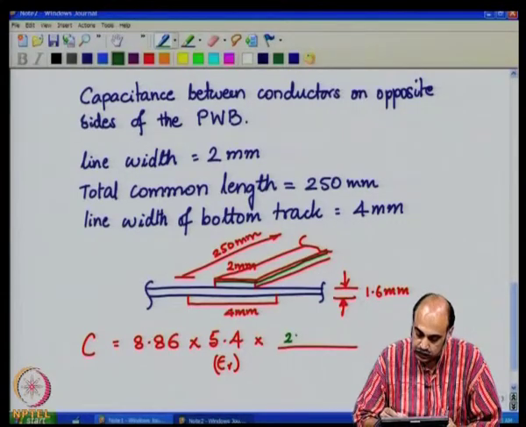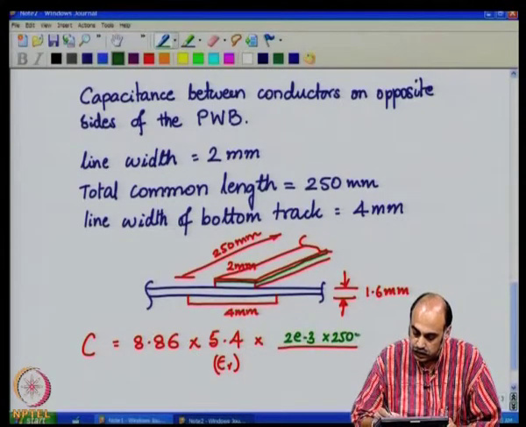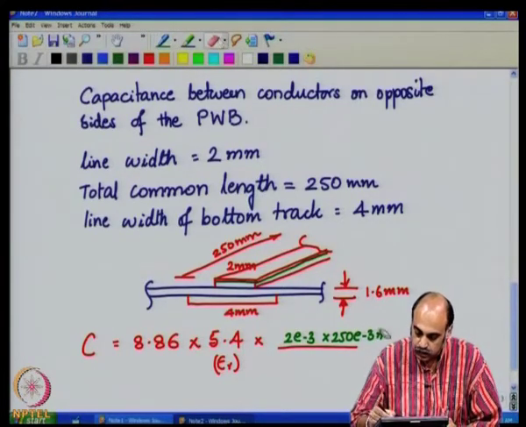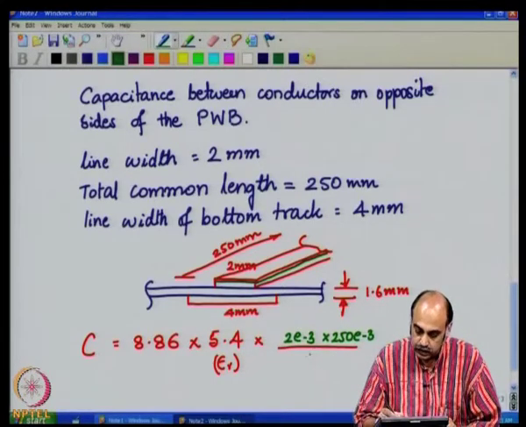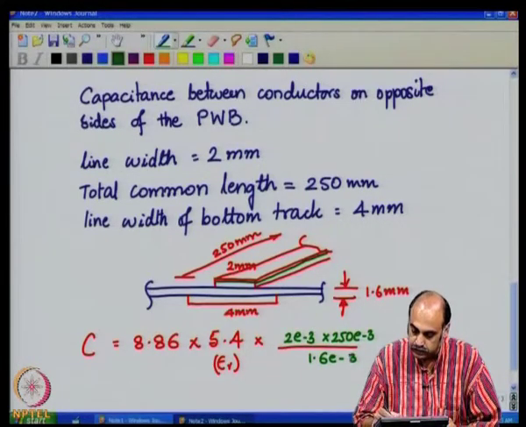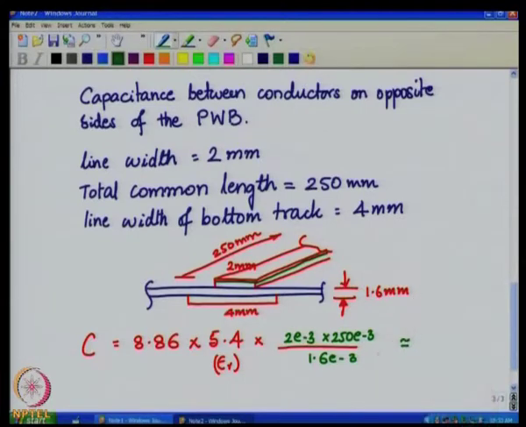So, we will write it as 2 e minus 3 meter into 250 e minus 3 meter, which would give you meter square, then divided by 1.6 e minus 3, the distance, the dielectric thickness. So, this should approximately, I have recalculated it, be around 15 picofarads, pF.